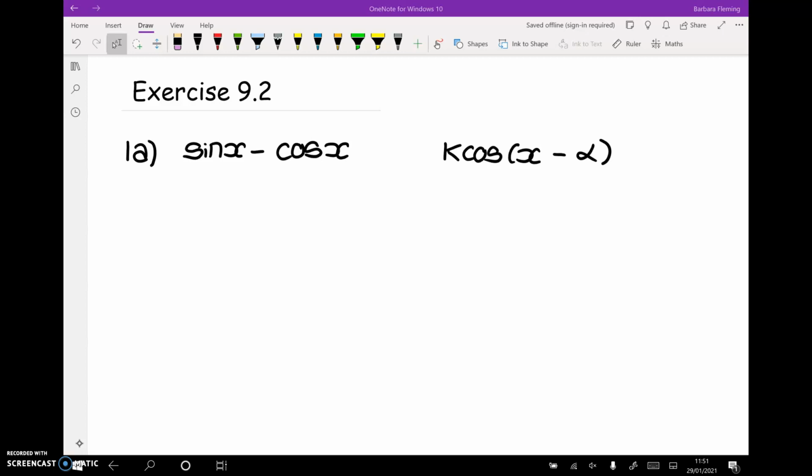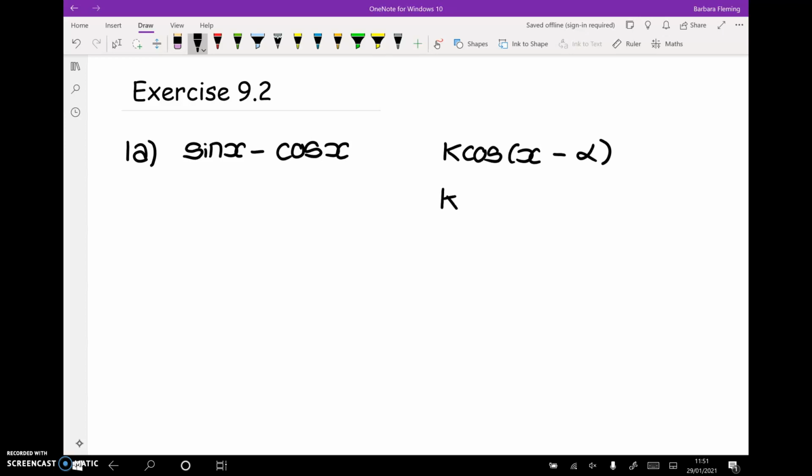This expression is a mix of sine and cos. There's nothing else we can do to it, we can't manipulate it in any other way. So we're going to express it just in terms of k cos(x minus alpha). Using your Higher formula sheet, you can write cos(x minus alpha) expanded out. Remember there's a k in front.